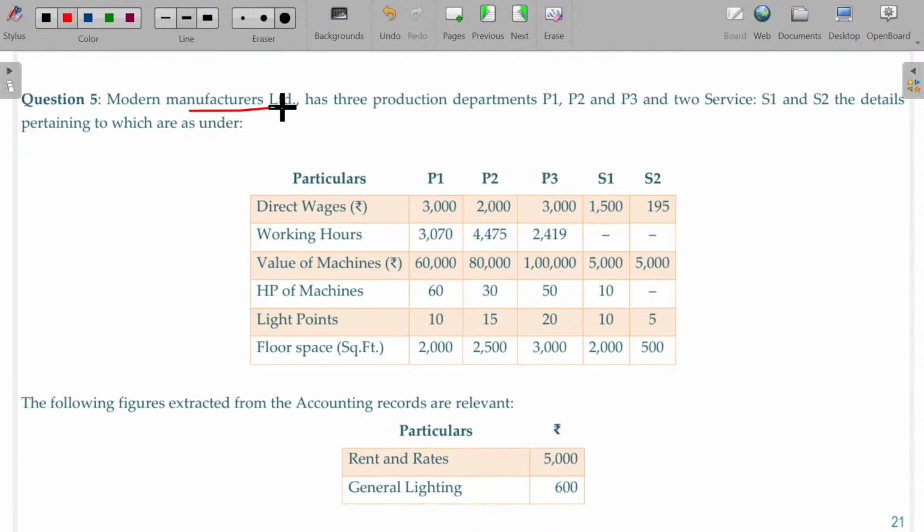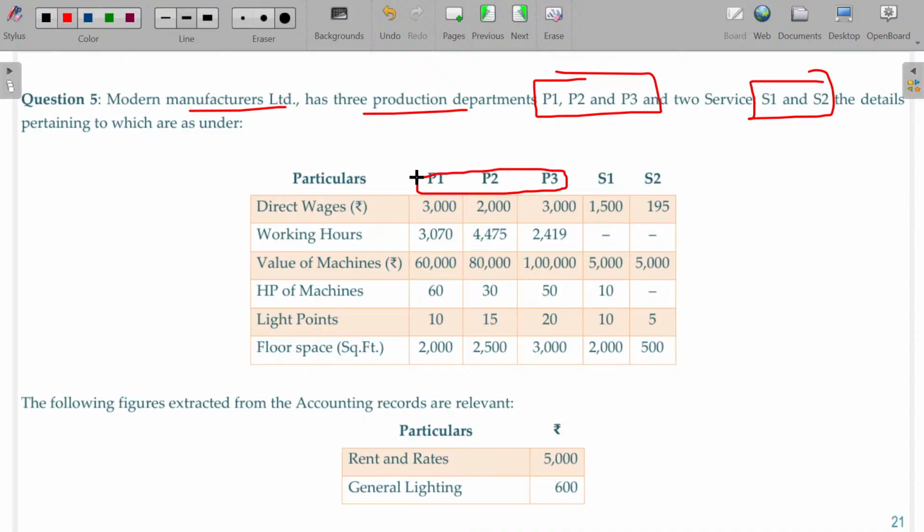Modern Manufacturers Limited has 3 production departments, P1, P2, P3, and 2 service departments, S1 and S2, which are cost centers. These 3 are the production departments and these 2 are service departments. Direct wages for P1, P2, P3 are irrelevant, but the direct wages and direct labor for S1 and S2 are indirect labor only.